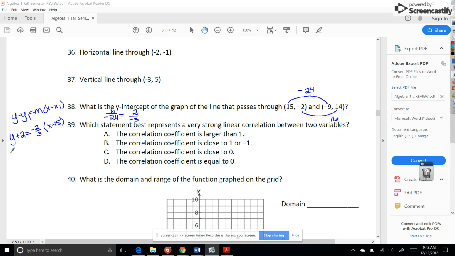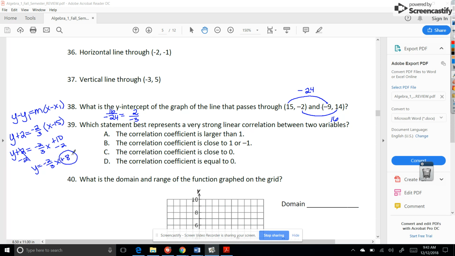Converting to slope-intercept form, distributing the -2/3. -2 times -15 is 30, divided by 3 is 10, subtract 2, and I get 8. Okay, so 8's my answer.